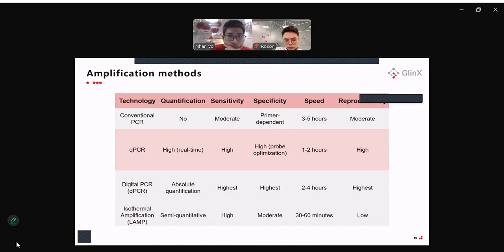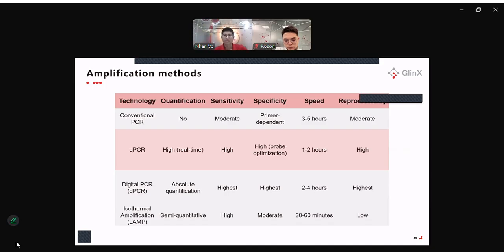Not only positive or negative, but it also provides us with the CT value. So this is essential for measuring the viral or bacterial loads. We can evaluate the viral loads within the animal body by the fluorescence signal.